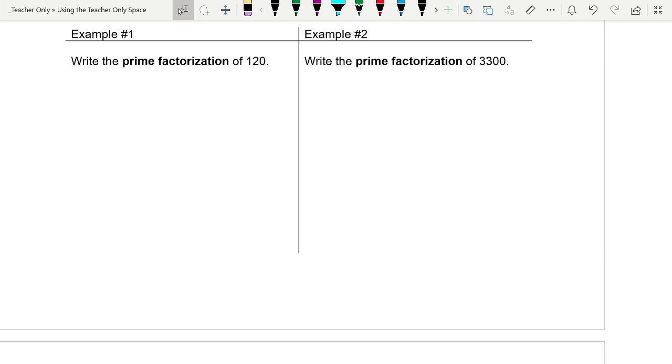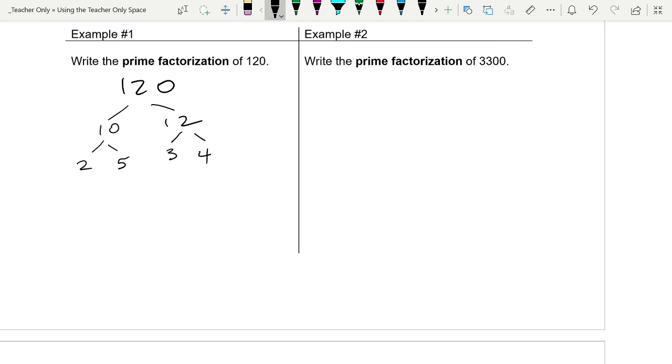Okay, so let's do 120. Factor tree for 120. Now there's multiple ways you could start this. You could start with 2 times 60, but it's always kind of nice to start with the bigger numbers if you can notice them. Notice that it's 10 times 12. And then 2 times 5. And then 3 times 4.